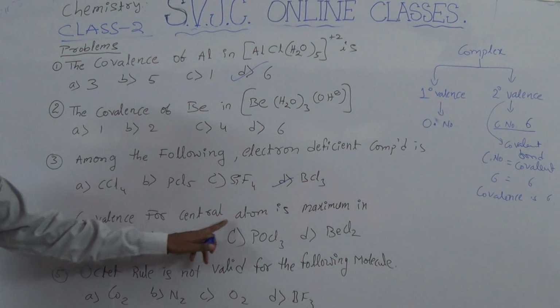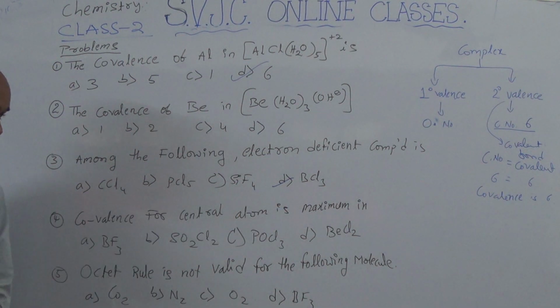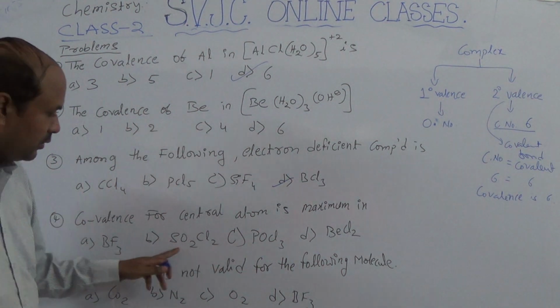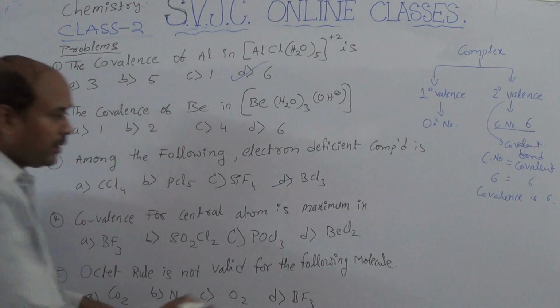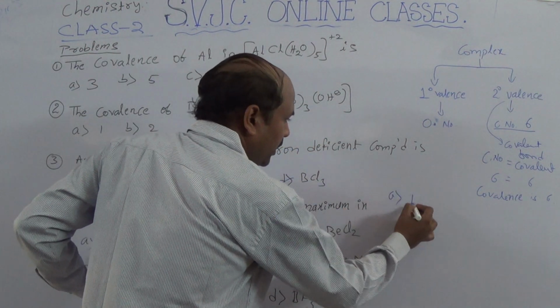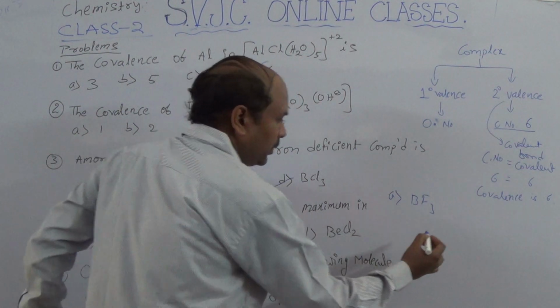In which of the following compounds is the covalency of the central atom maximum? Four options are given. The first option is BF3. The number of bonds around boron is 3, so covalency is 3. I am drawing the diagram; you already know the BF3 diagram.